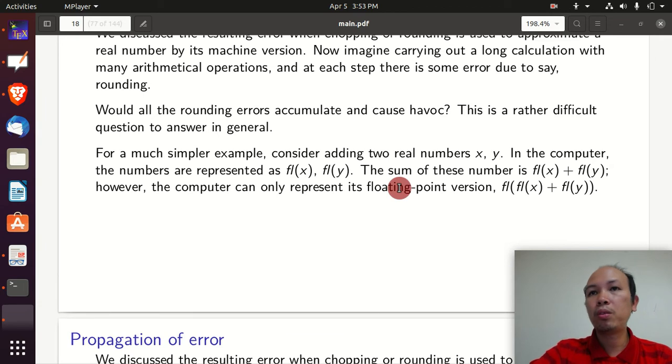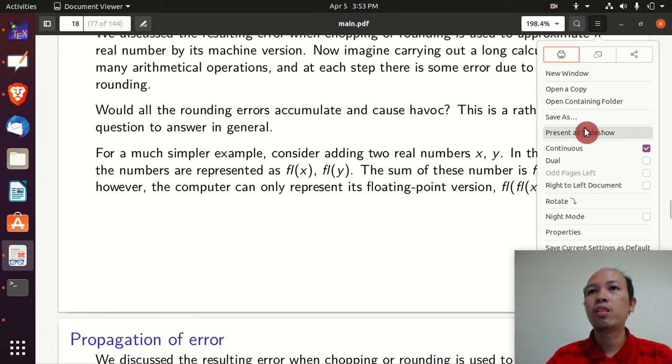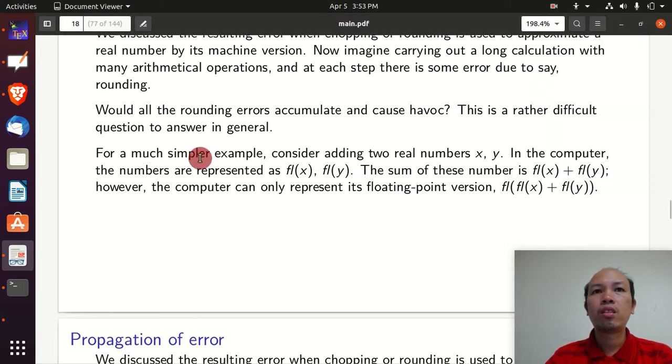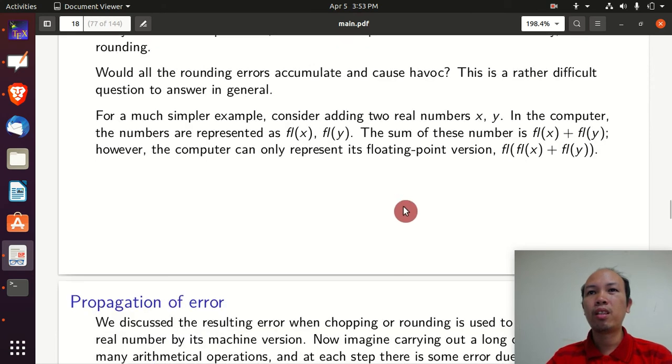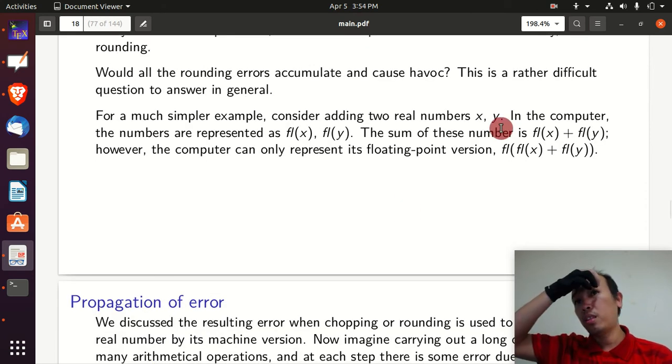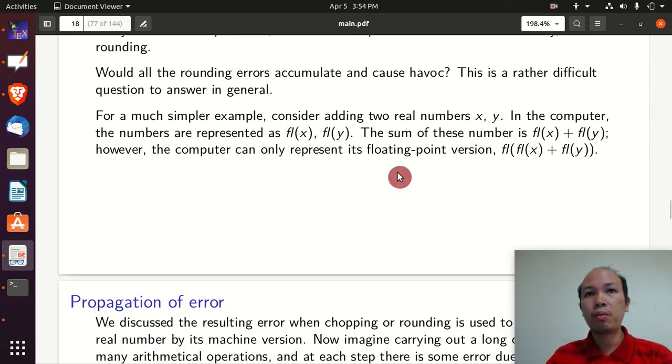So for a much simpler example, consider adding two real numbers x and y. In the computer, the numbers are represented as FL of x and FL of y.